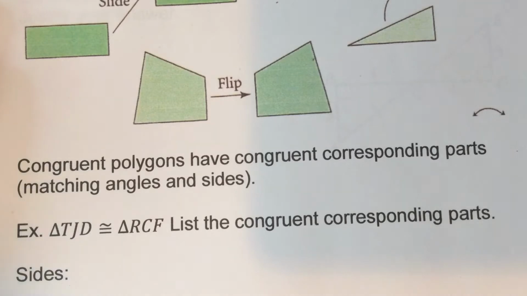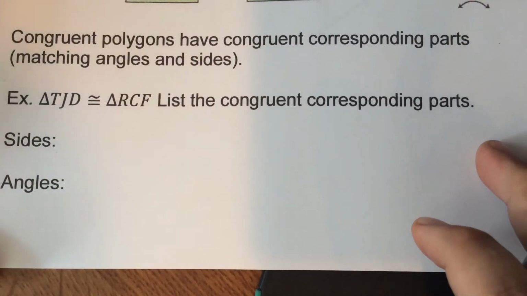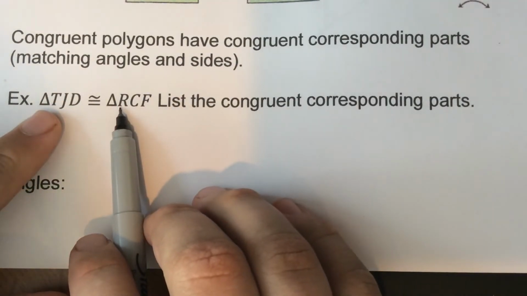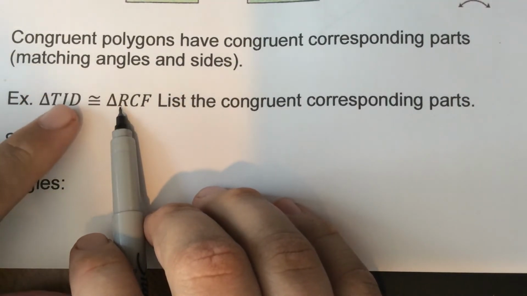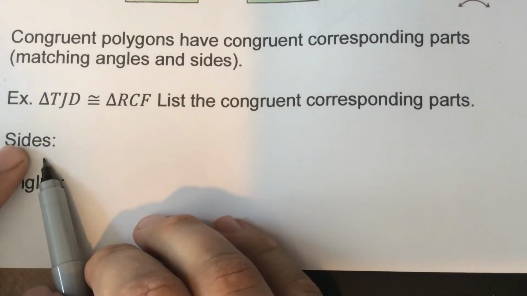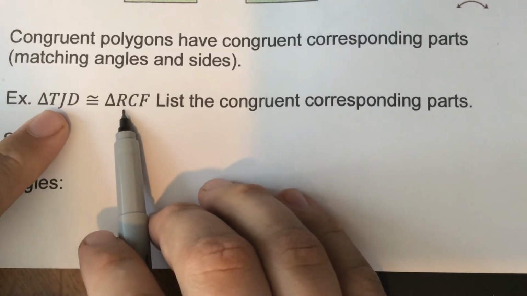So if we think about a triangle, now we could do this without even drawing this out. Because remember, when we name shapes, we name it in order. So it goes T, J, D for this triangle, R, C, F for this triangle. So congruent sides would be TJ and RC.